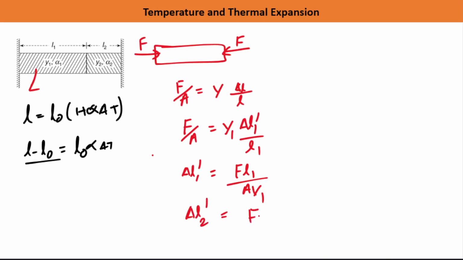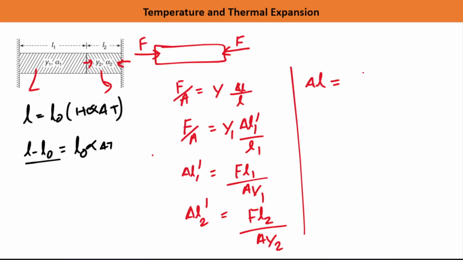This will be F L2 by A gamma 2, because force यहाँ भी same ही लगेगा इस segment के लिए भी, इधर F है इधर F है, right? So it is the same one. अब देखो यहाँ पे आप change in length देख लो, total change in length because of compressive stress.